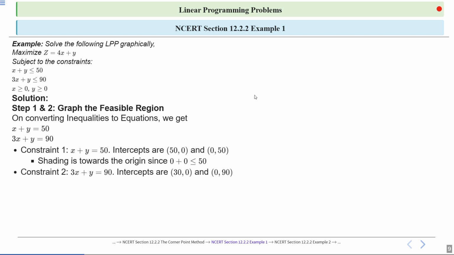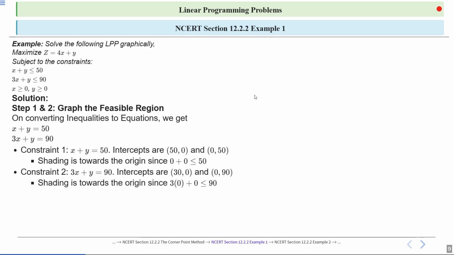The line 3x plus y equals 90 crosses the x-axis at 30, 0 and the y-axis at 0, 90, meaning when x is 0, y is 90, and when y is 0, x is 30. Shading is towards the origin since 3 times 0 plus 0 is less than or equal to 90. In this case also, when we test the origin, x equals 0 and y equals 0, it satisfies the inequality.